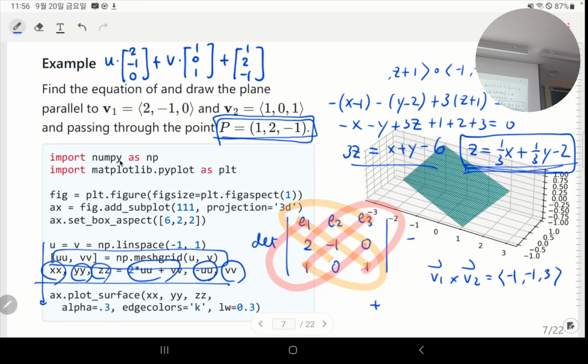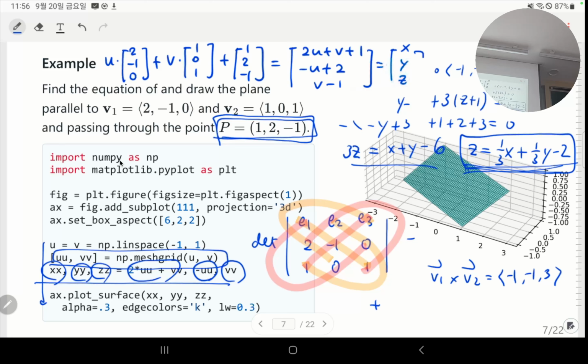So let's combine this all together, which is 2u plus v plus 1, then 2 minus u. Now there's no v because it's multiplied with 0. And the third one, the z coordinate, has no u, it's v minus 1, right? So this is my x, y, z coordinate of a point on the plane.